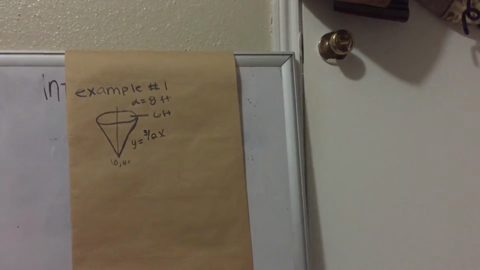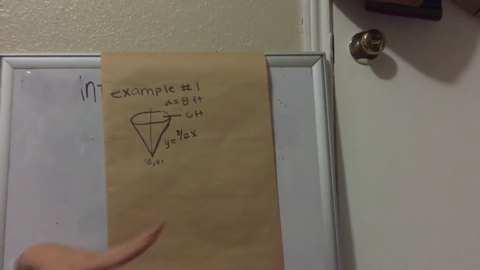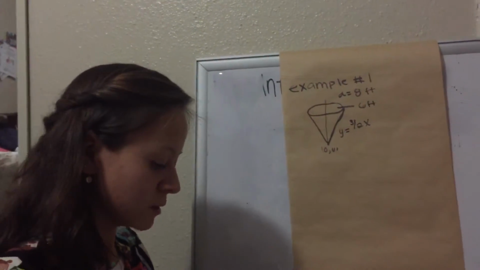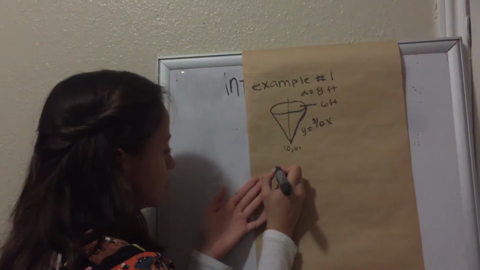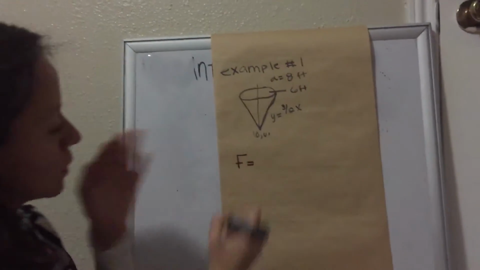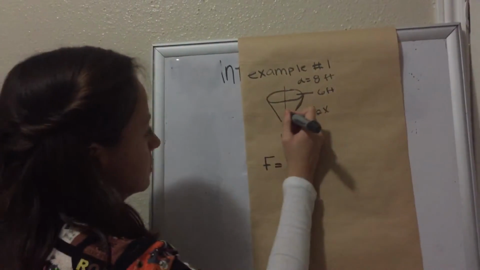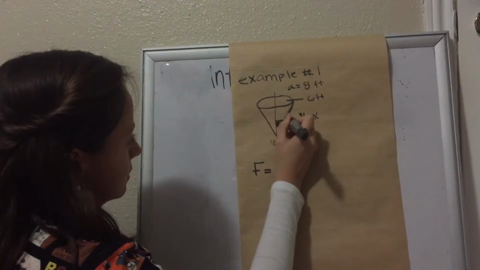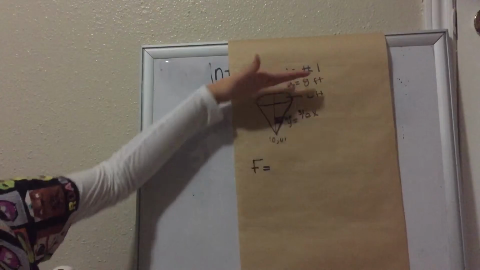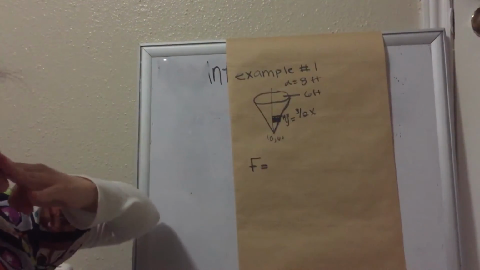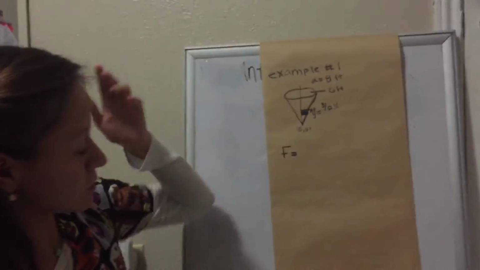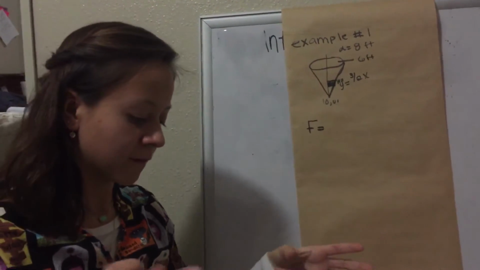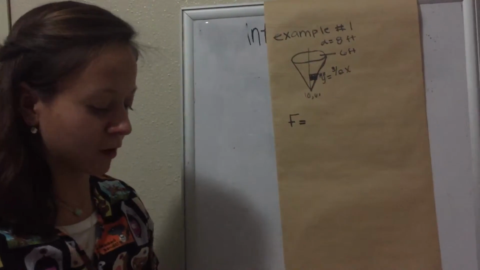Okay, so first thing off, when you're doing work problems, you draw your diagram. So step number 1 is draw a diagram. We've done that. Number 2, you have to find out what your force is. So in this, also draw your representative rectangle. This shows where the water level is. And we're pushing the water out. So force is going to be the weight of the water.